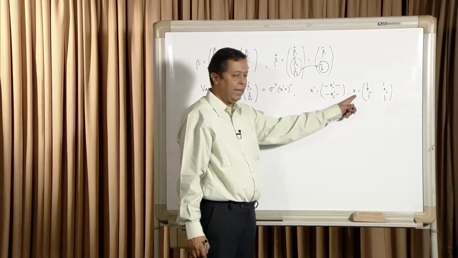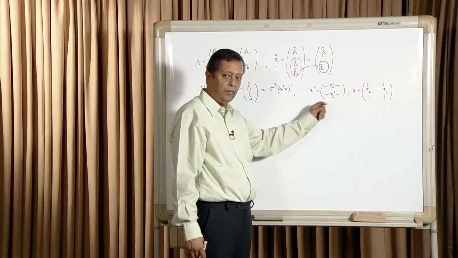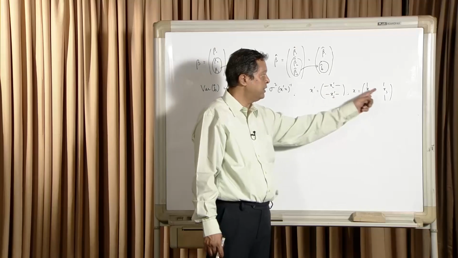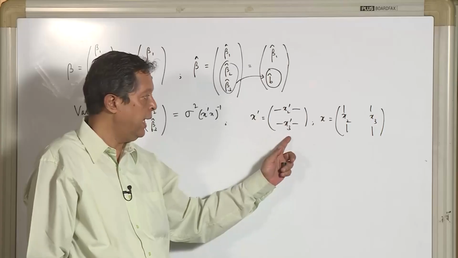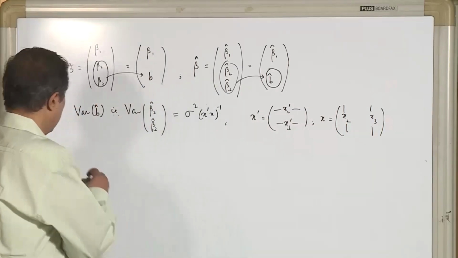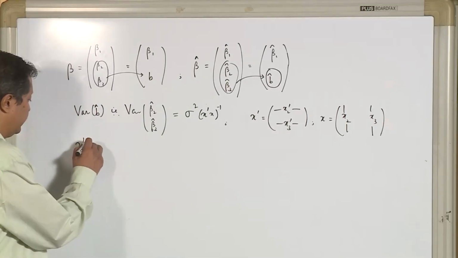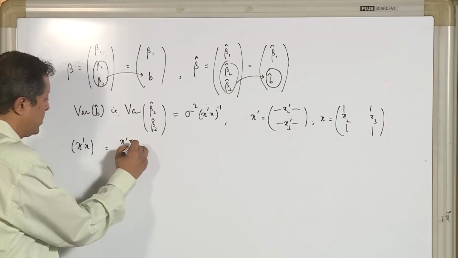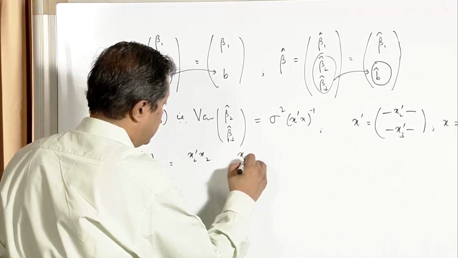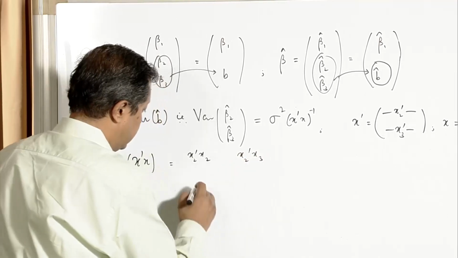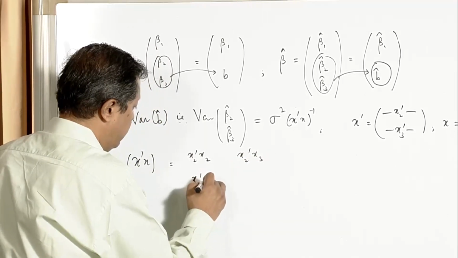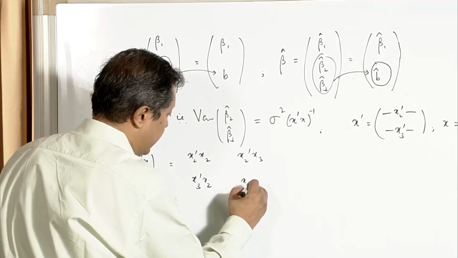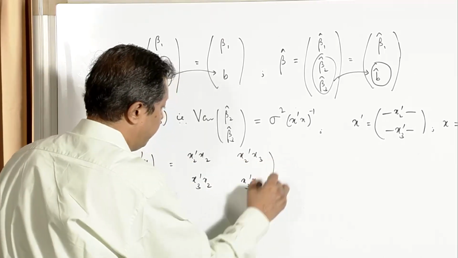So, x prime x by simple multiplication of 2 by 2 matrices will be x2 prime x2, x2 prime x3, x3 prime x2 and x3 prime x3. So, x prime x will be x2 prime x2, x2 prime x3, x3 prime x2, which is basically the same as x2 prime x3, and x3 prime x3.